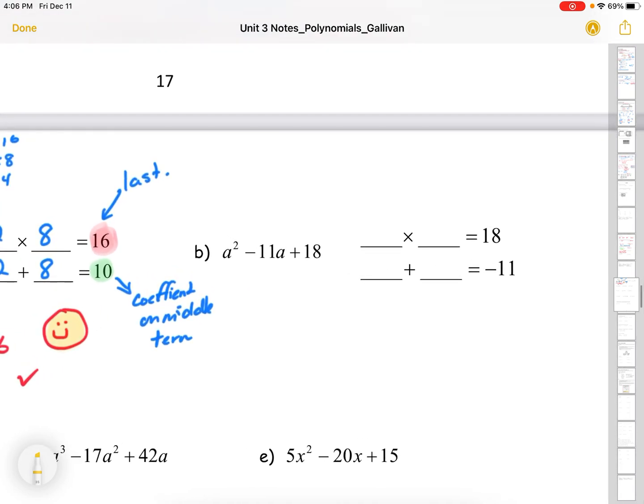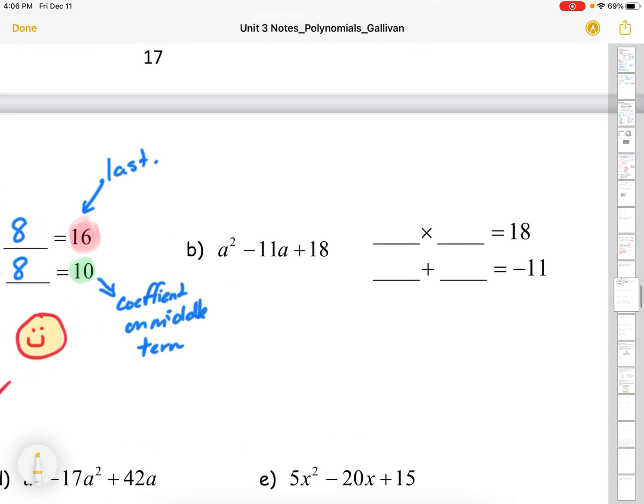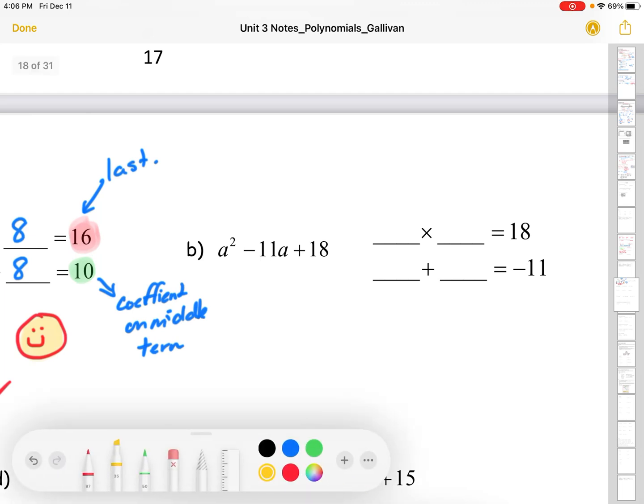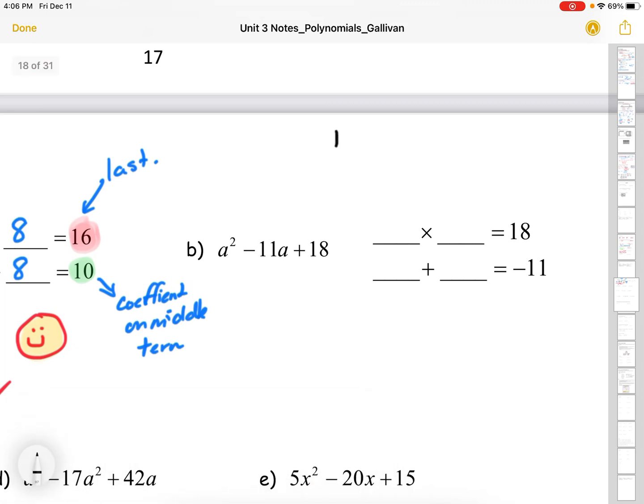Let's try this again. Now you don't know, I'm not always going to provide you this little chart, so you might want to make that up yourself. So let's think. We want two factors that multiply to give me 18 and add up to negative 11. Because 18 is positive, they have to both be negative. So for 18, we would get negative 1 times negative 18.